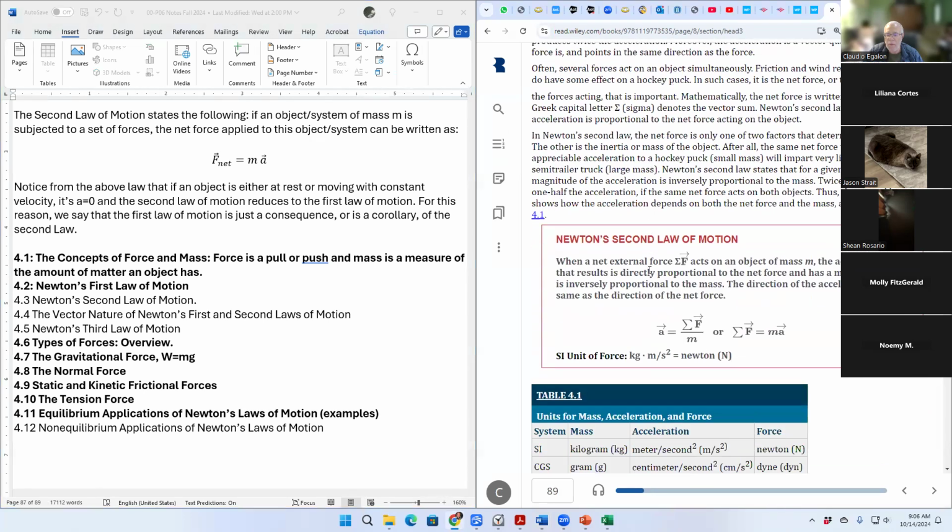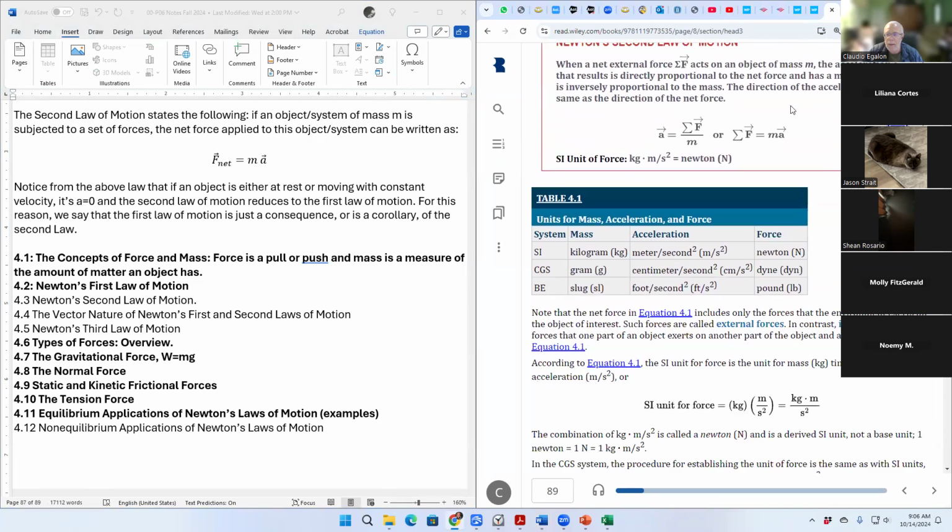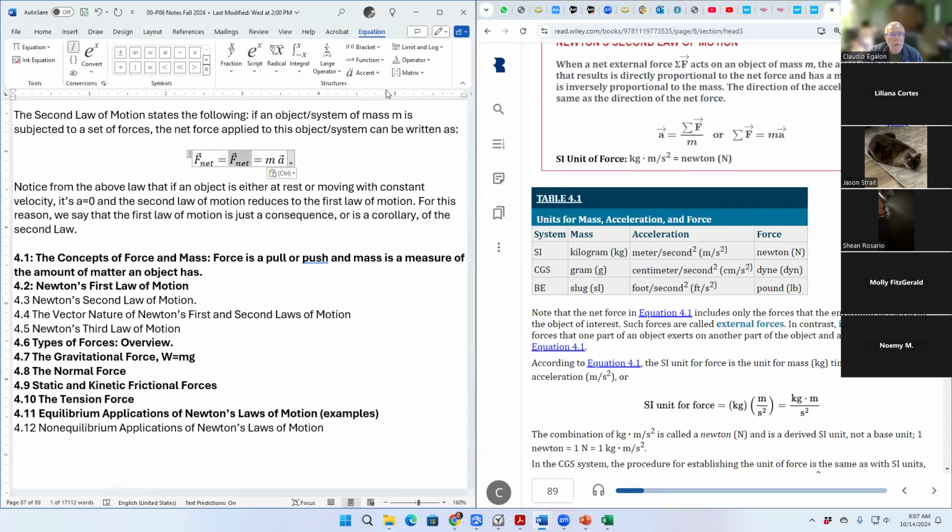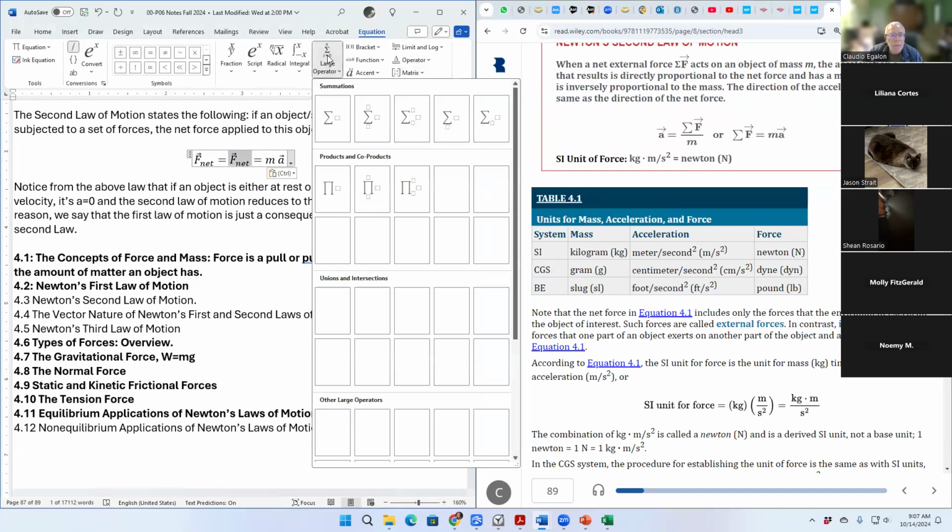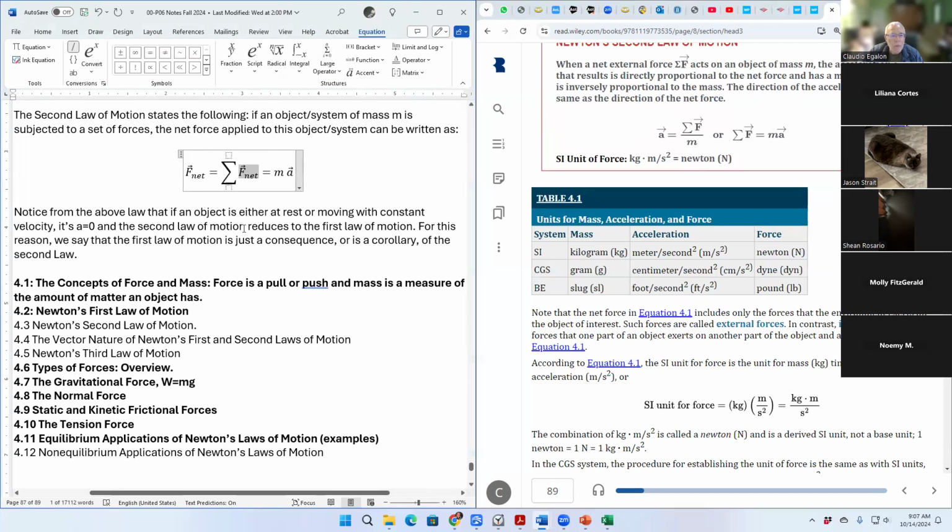Newton's second law of motion. Okay. Net force, I'm going to write this equation here of net force. Okay, so I'm going to put here F sub i, right?